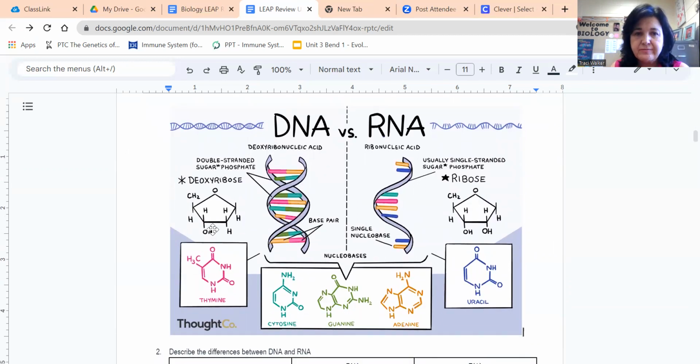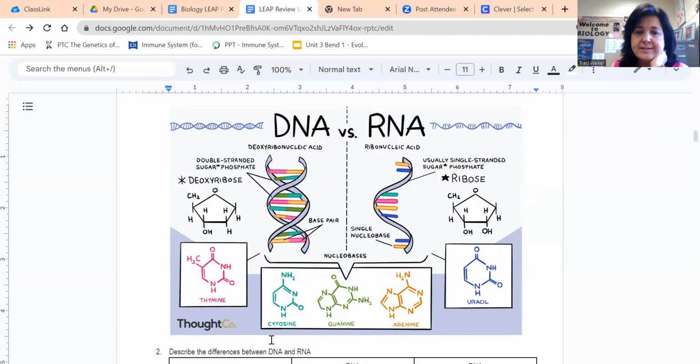So you've got a 5-carbon sugar. This is the chemical structure of your sugar. And then these are your nitrogenous bases. There are 5 different nitrogenous bases, also called nucleobases. The first one is thymine, and we use the capital letter T to denote thymine.